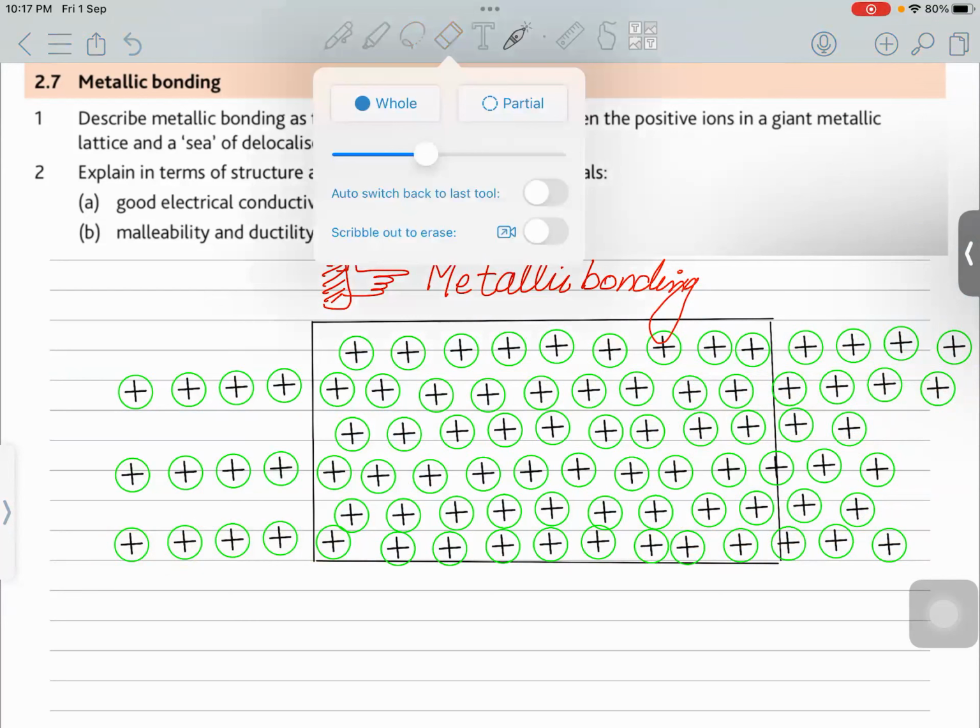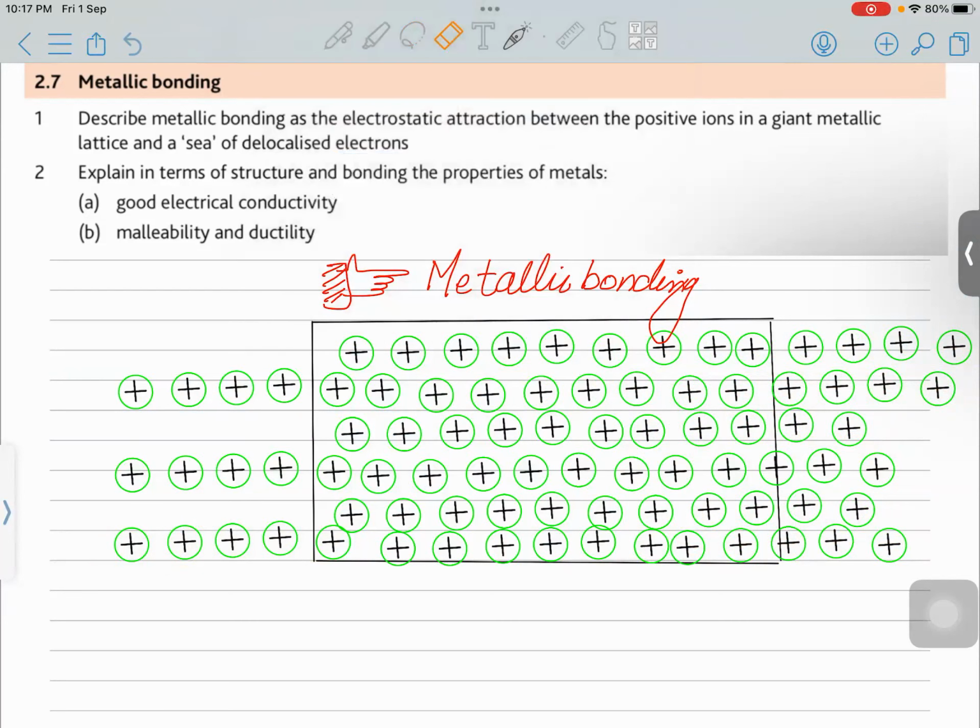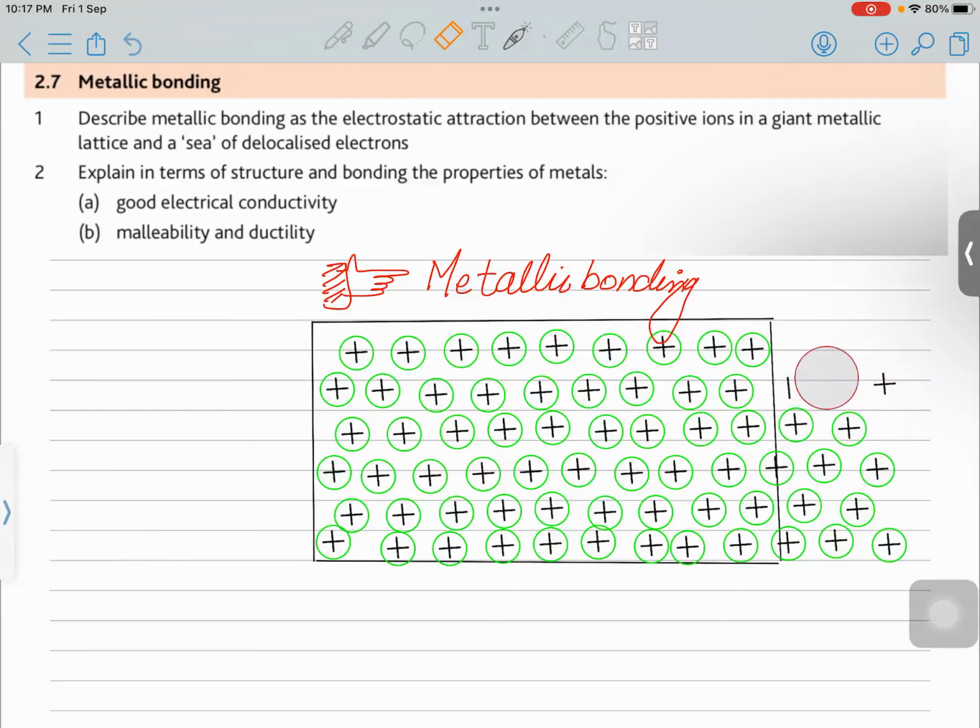So, for example, if it is sodium, all are sodium plus. If it is calcium, all are calcium plus 2. Are you getting my point or not? Yes, sir.